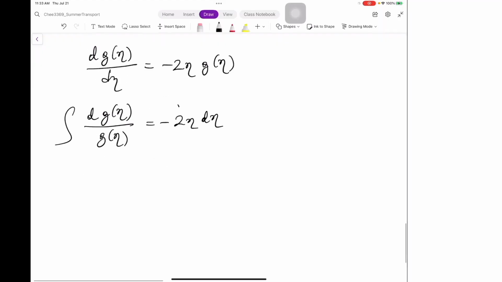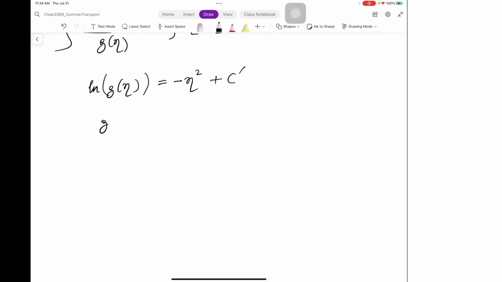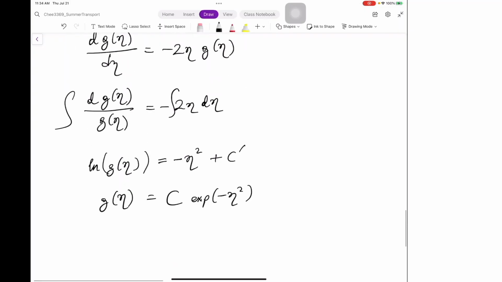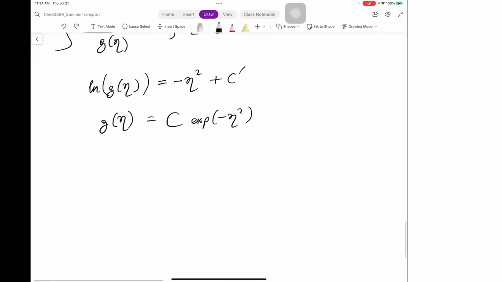You take the integral of both sides, and you get logarithm of g eta is equal to negative eta squared plus some c prime. You take the exponential and you get g eta is equal to some constant c times exponential negative eta squared, as we did before. And g eta is, as we described here, dCA over d eta.